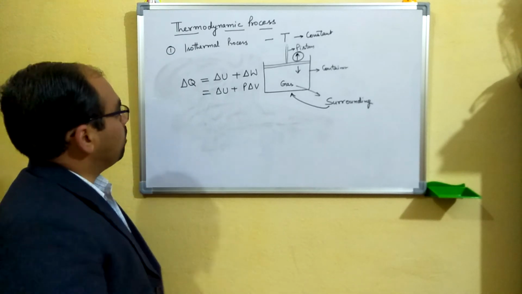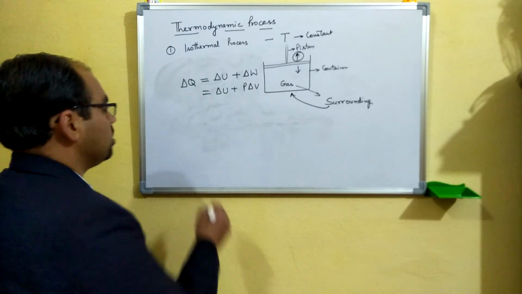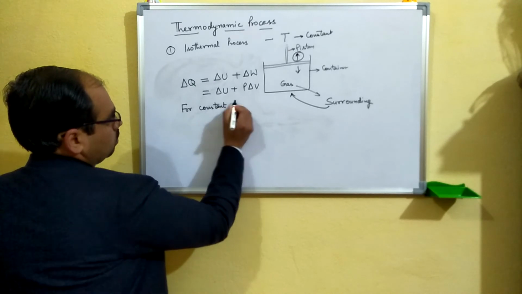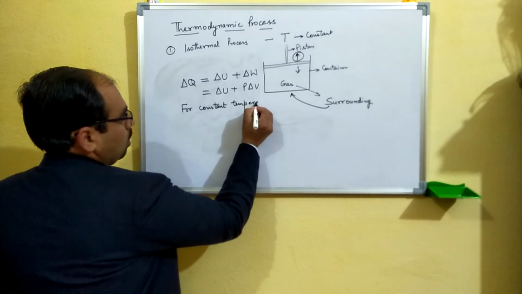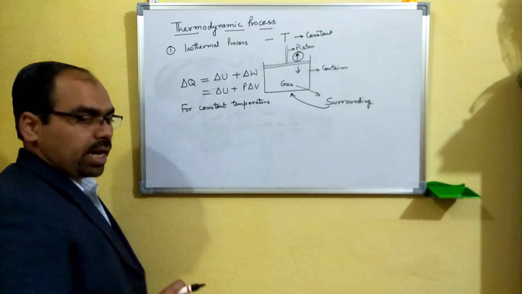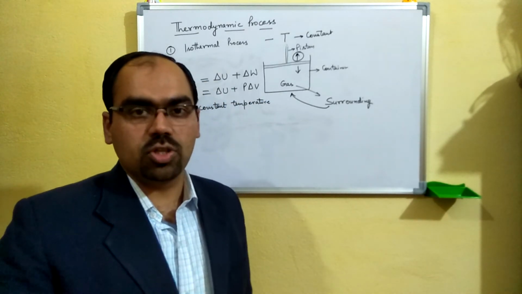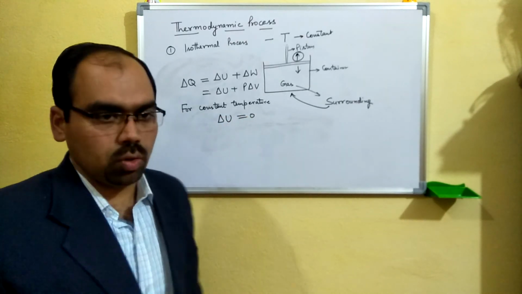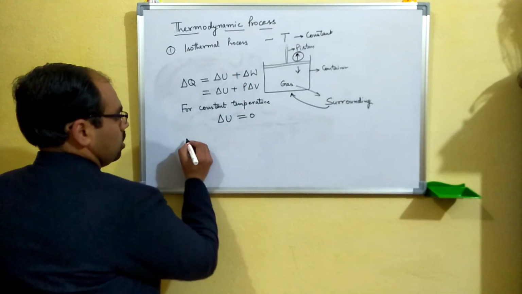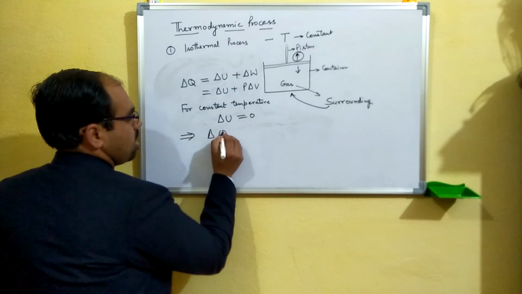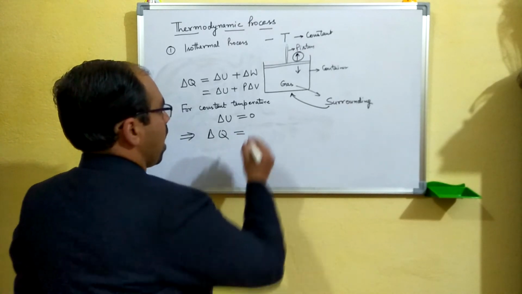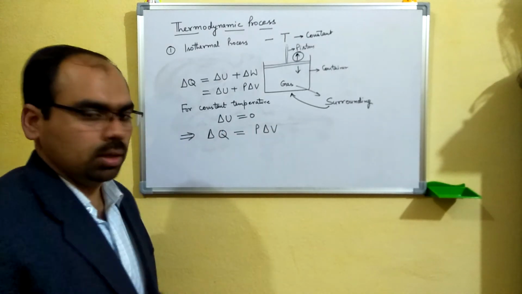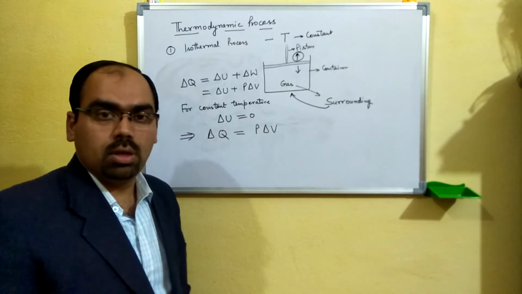But if the temperature is constant, the internal energy is not going to change. That means the change in internal energy is zero, so the heat change will only have the expression P delta V. This delta V is the change in volume.